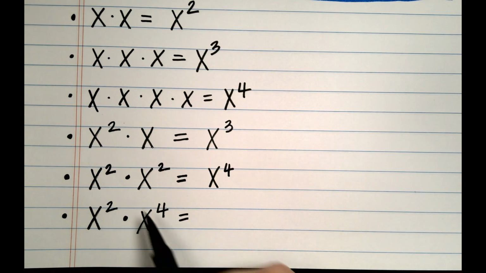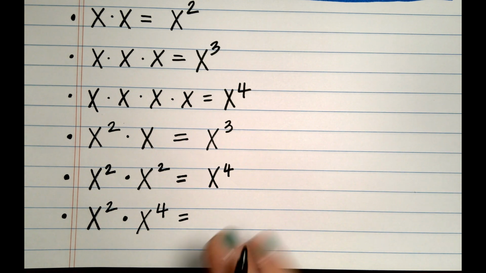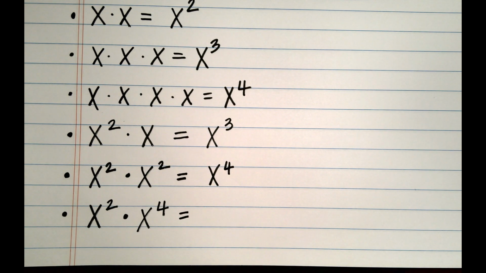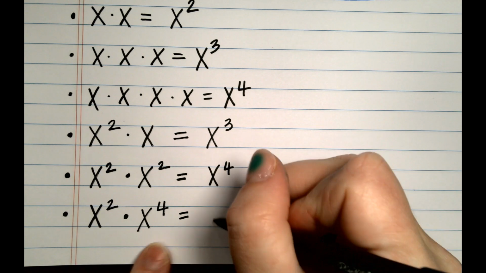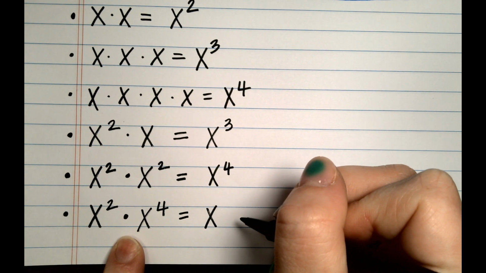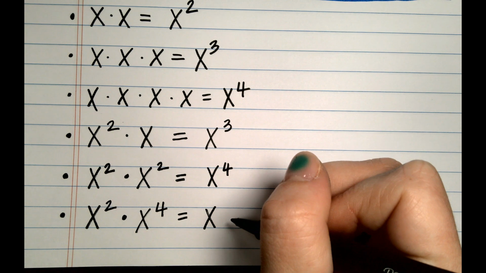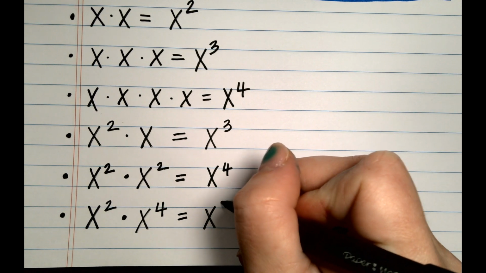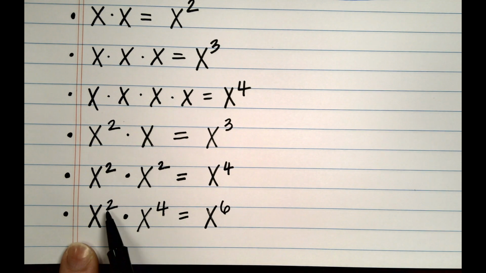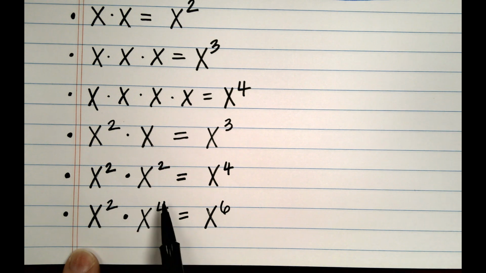X to the sixth power. Why is it not x to the eighth power? You're adding the exponents. 2 plus 4 is 6.